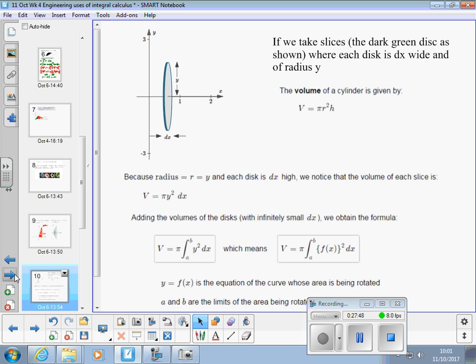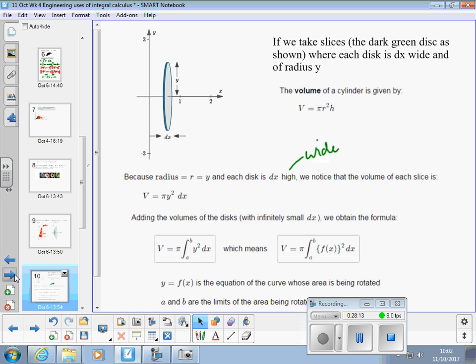Because the radius r is equal to y, and each disc is dx high, that might just be better if we think about that as how wide that disc is, but never mind, because the volume of that slice is its area multiplied by its thickness.